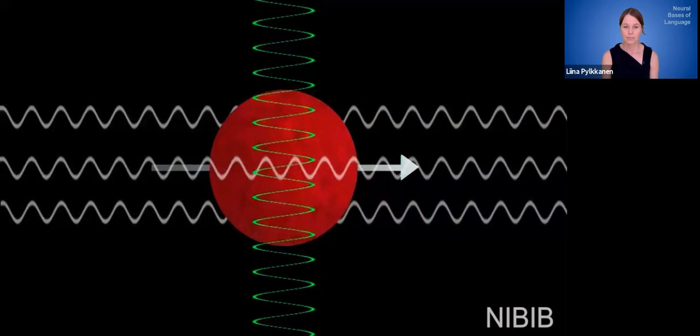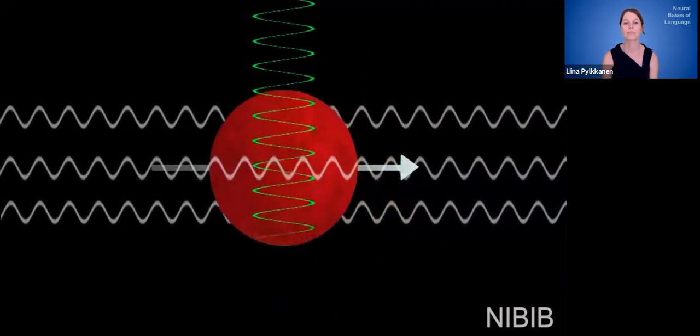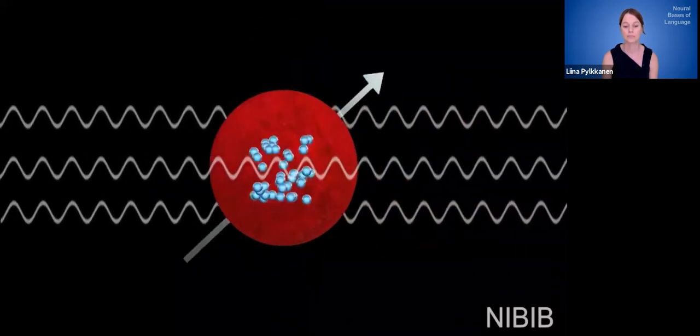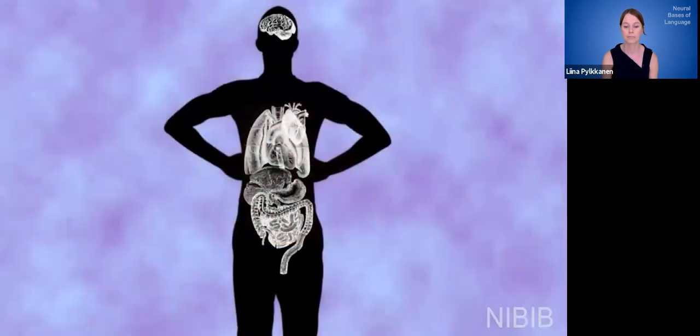Once this pulse is turned off, the protons realign with that magnetic field, releasing electromagnetic energy along the way. The MRI is able to detect this energy and is able to differentiate various tissues based on how quickly they release energy after the pulse is turned off.